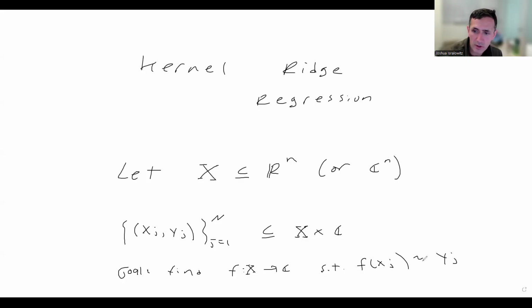Standard regression. If it's true for all current data, but it's miserably bad for all future data, then that's just classical overfitting. It doesn't help us.